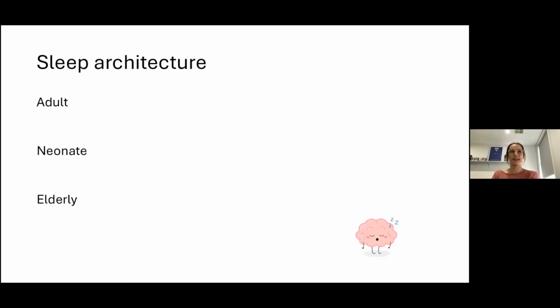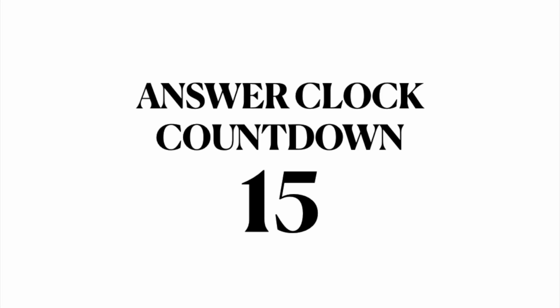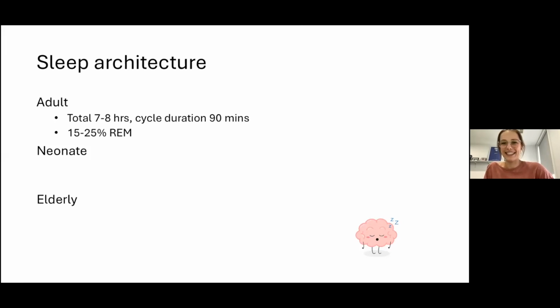Can you tell me how many hours of sleep a typical adult has and what percentage of that is REM? And then tell me how that's different in the neonate and the elderly. I'd be very impressed if anyone gets 10 hours sleep a night.